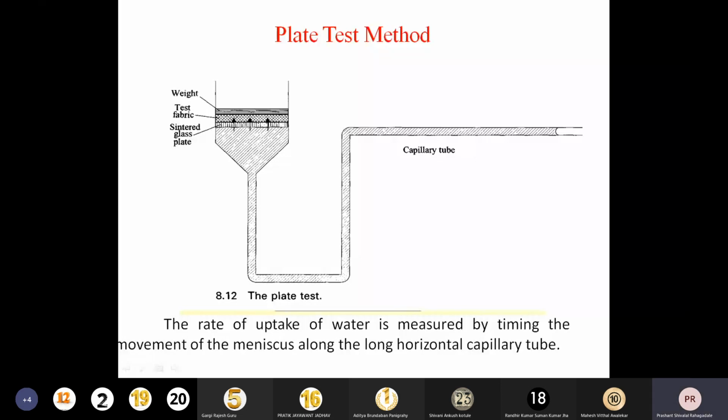because it is important for the removal of liquid perspiration or sweat from the skin. It also involves the movement of this perspiration or liquid through the fabric thickness. तभी वो outer surface पे जाएगा. Inner surface is touched to your body.